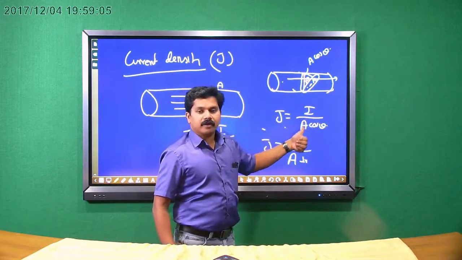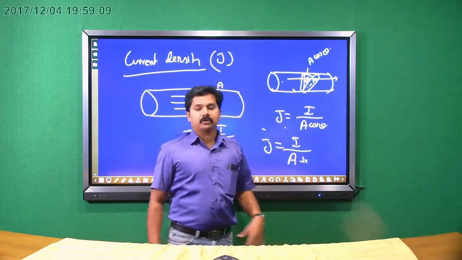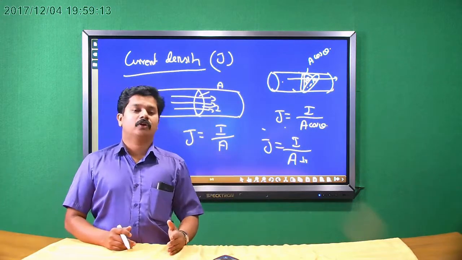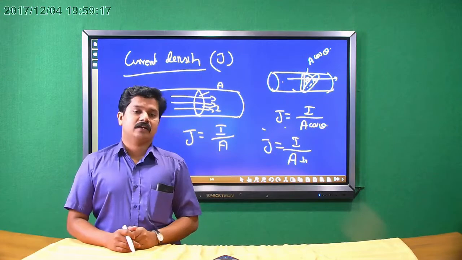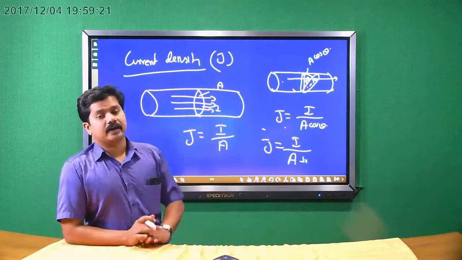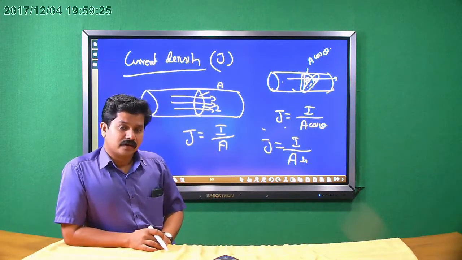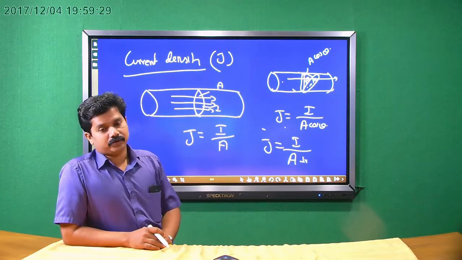So J equals I by A cos theta, or J equals I by A perpendicular, meaning perpendicular to the direction of the current flow. That is what current density J is. Current density J is a vector quantity, but electric current I is a scalar quantity.